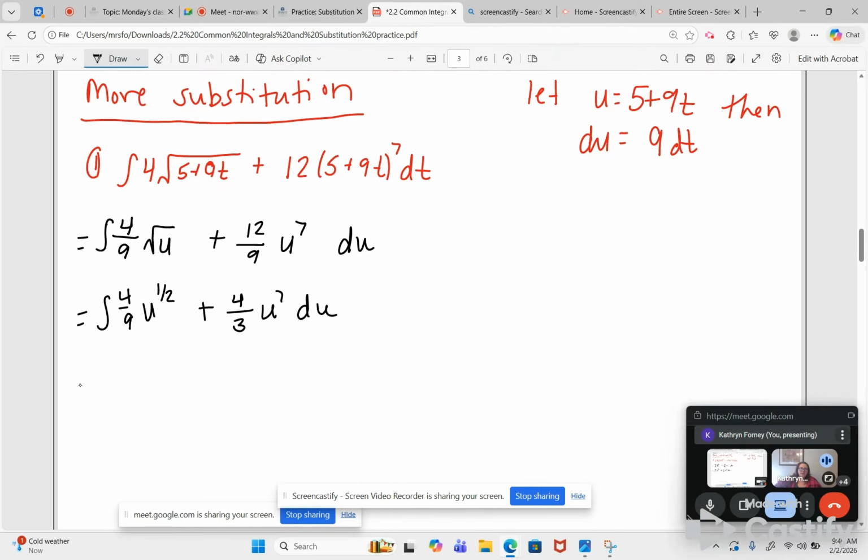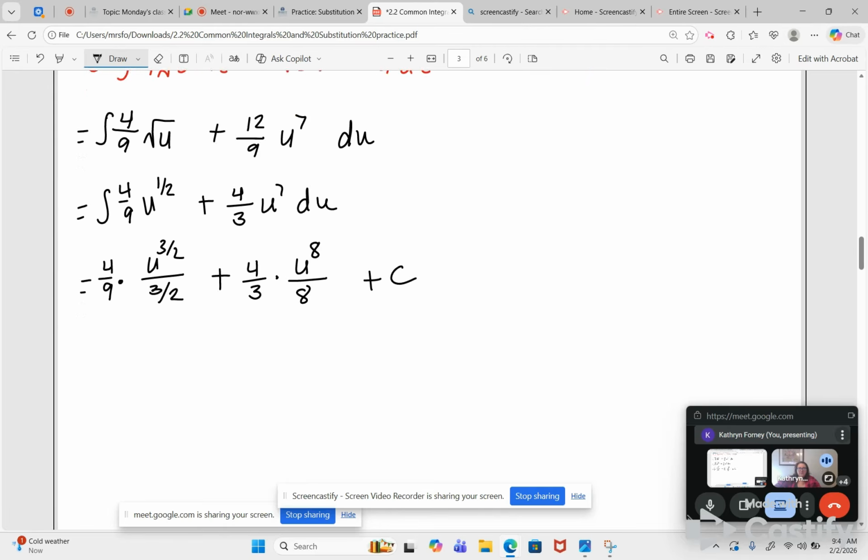All right, so now we can take the antiderivative of each. So the u to the 1/2 is going to become u to the 3/2 divided by 3/2. 4 thirds u to the 7th becomes 4 thirds times u to the 8th over 8. And we have our plus c.